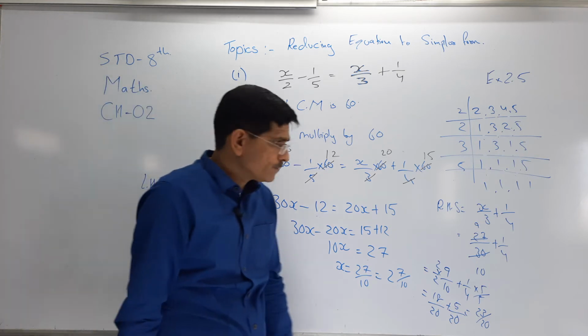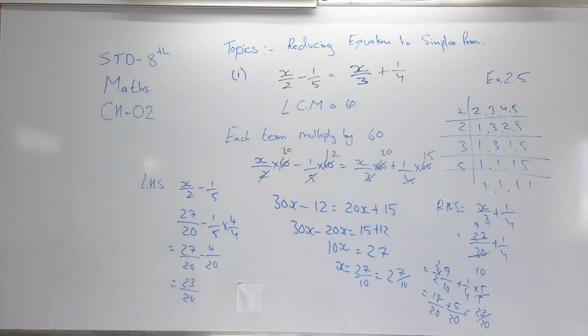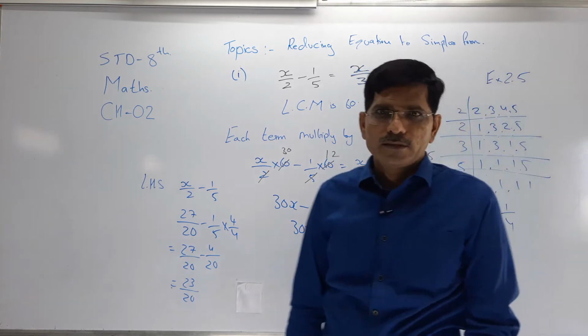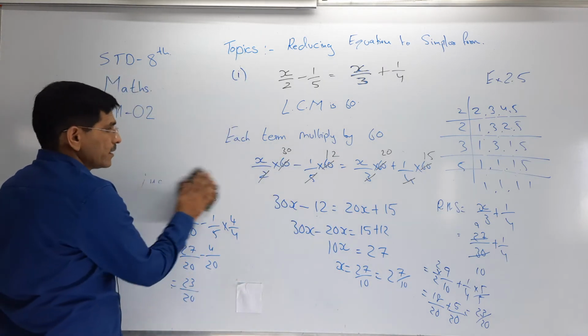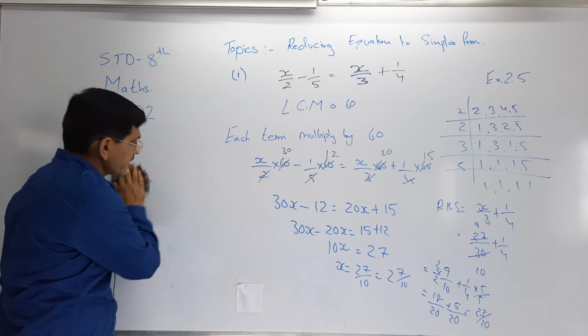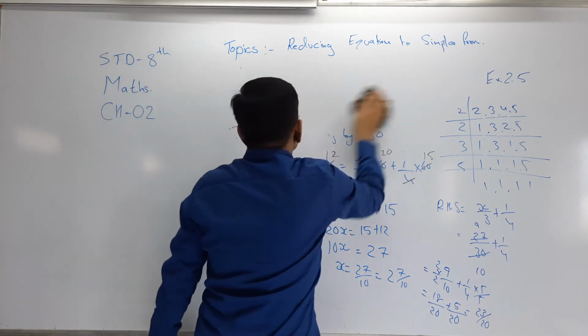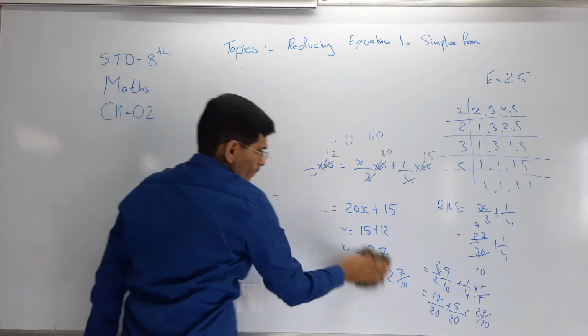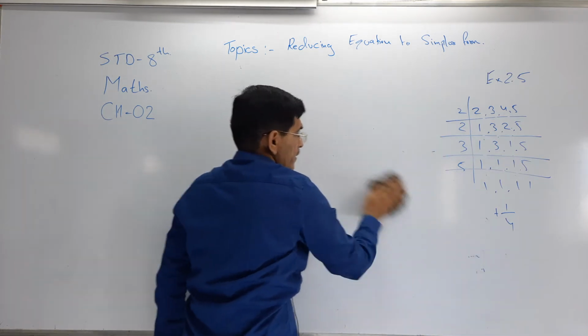Now in the next sum we do not want to check it, so go through it. I think you have understood this. Now I have to start one new sum. It is not necessary that every time you have to check, just for checking purpose it is necessary.